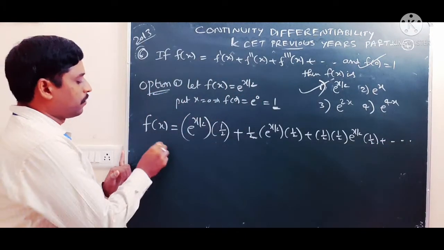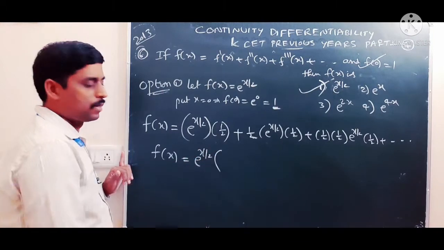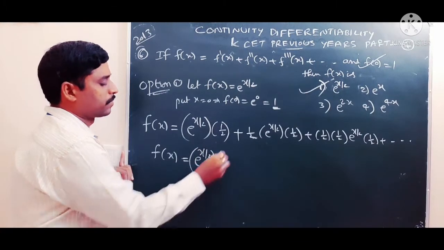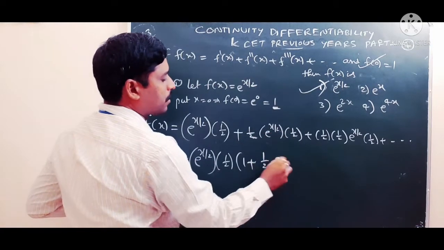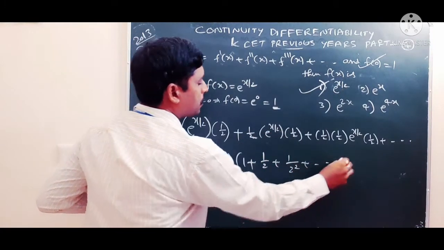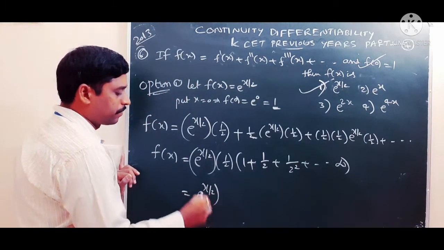So f of x is equal to e to the power x by 2, taking it out common, into 1 plus 1 by 2 plus 1 by 2 square and so on up to infinity.